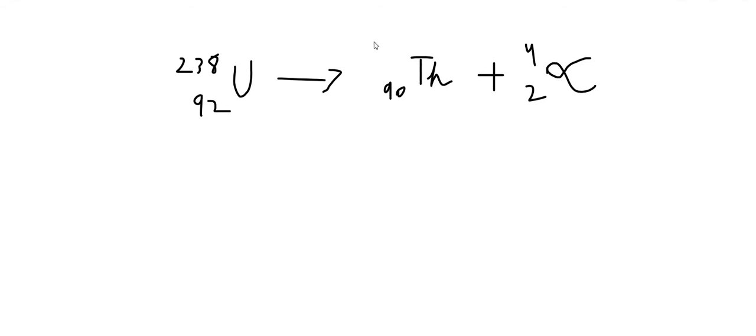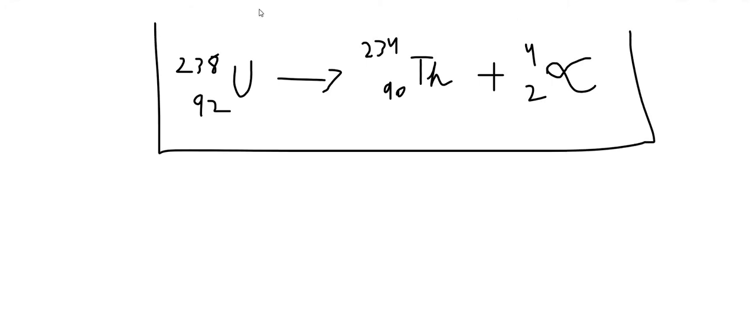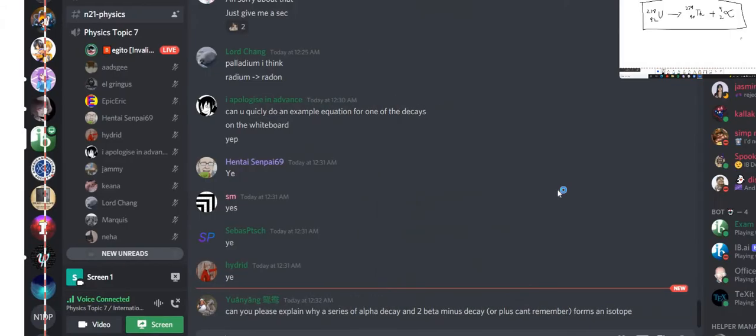So our thorium must have a mass number of 234 in order to balance the equation. And that's usually what you have to do for the radioactive decay equations. You just have to write these equations out. When we go to 7.2, you'll actually learn how to calculate the energy for these decays, but that's for later.